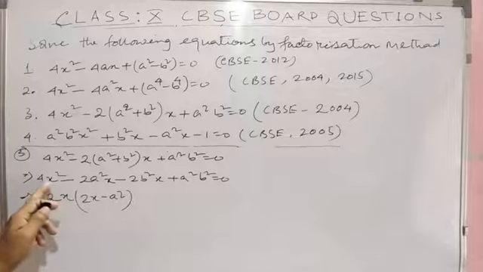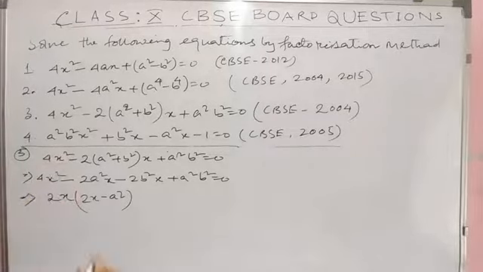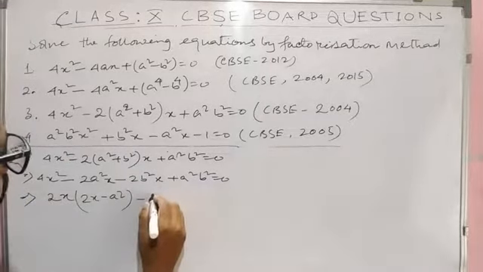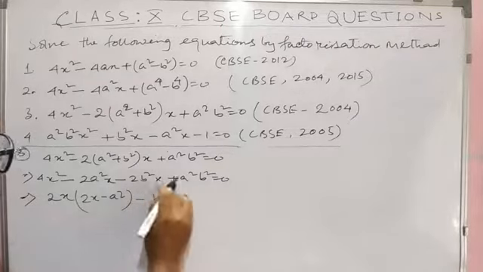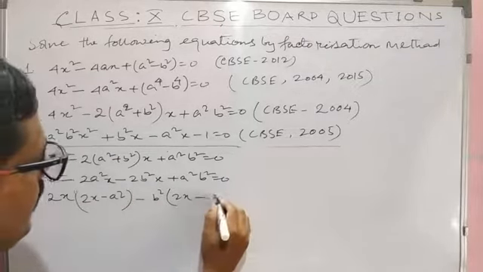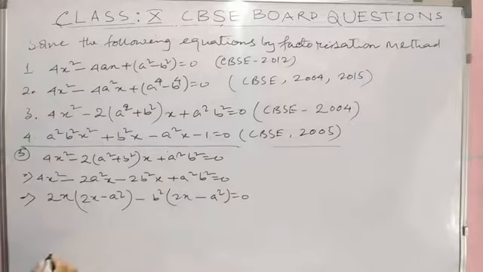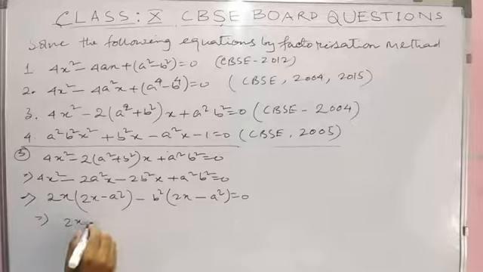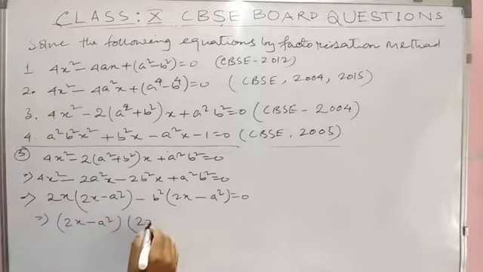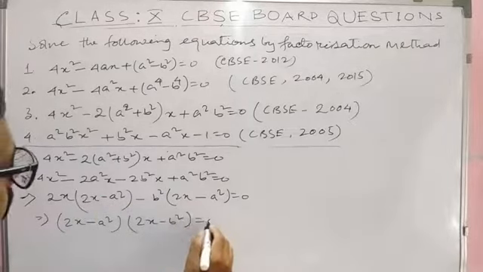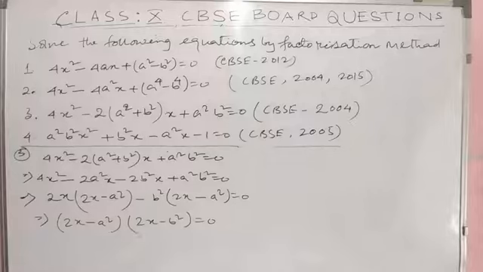Again you multiply, and between these two common will be b². So we get 2x − a² equal to 0. This implies that we get (2x − a²)(2x − b²) equal to 0. Got it?